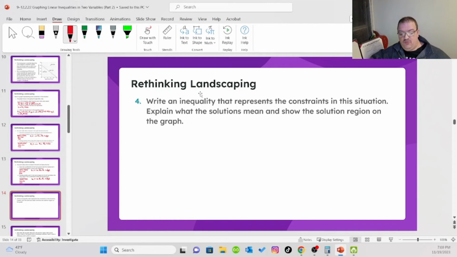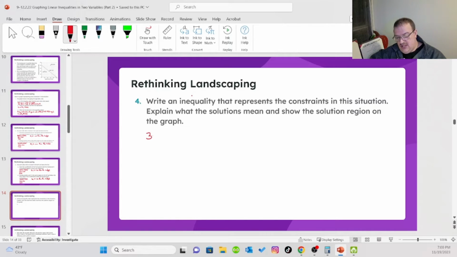Now they want us to write an inequality that represents the constraints in this situation, explain what the solutions mean, and show the solution region on the graph. So, when we talk about a budget, you can spend less than the budget or you can spend exactly the budget. You just can't spend more than the budget.